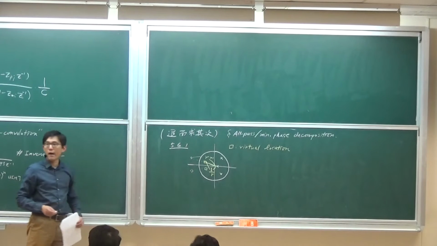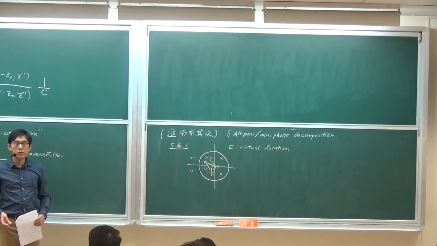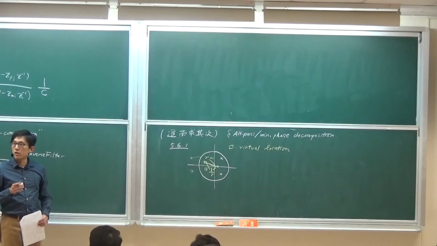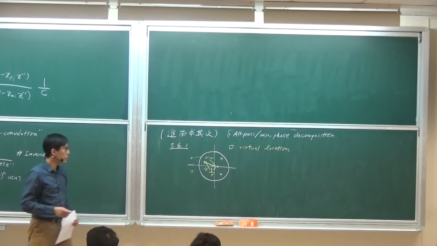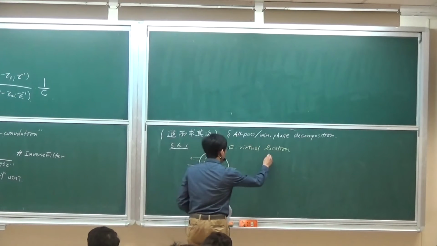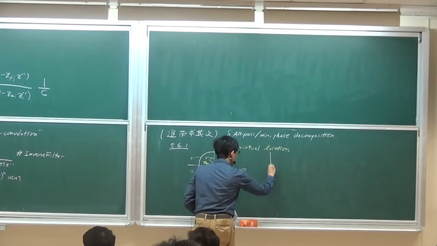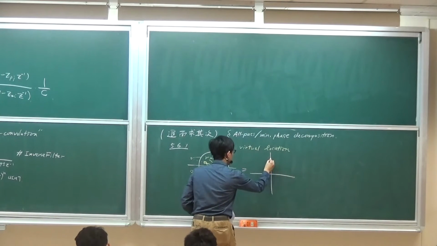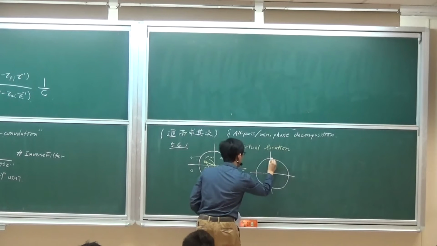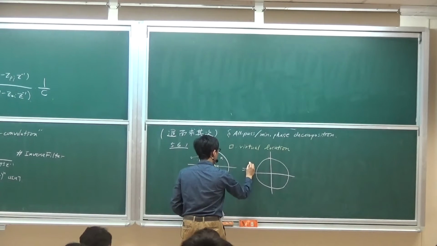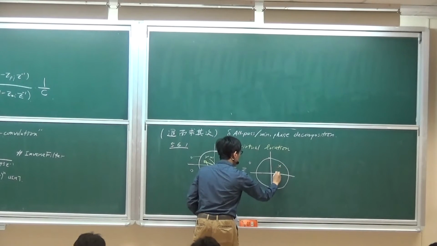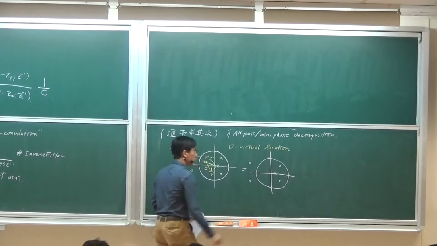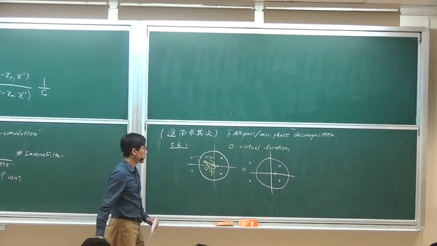So what do we do at the virtual locations? For every virtual location, we are going to put exactly one zero on top of one pole. The system function has 2 zeros outside, and we just leave the poles inside untouched, keep them there.